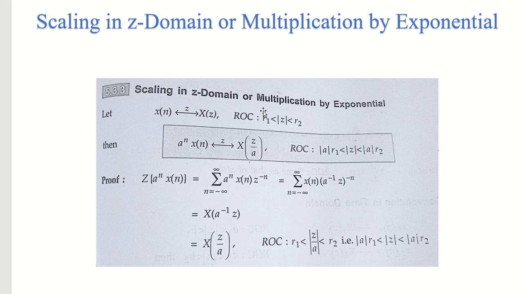Next property is the scaling in the Z domain, which is very popular. It is sometimes also called multiplication by an exponential function, and we use it very often as well.